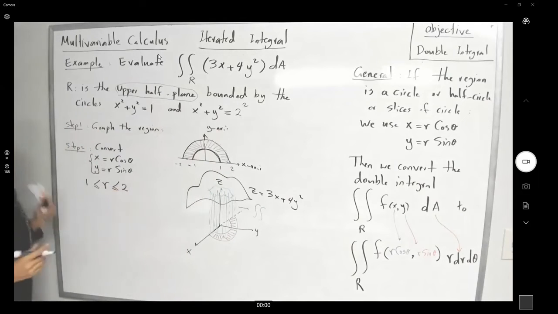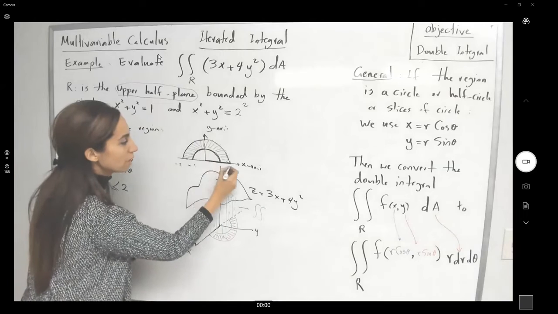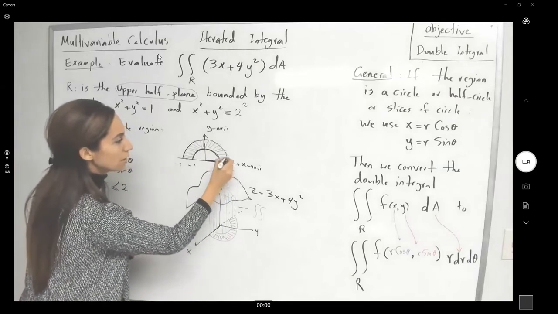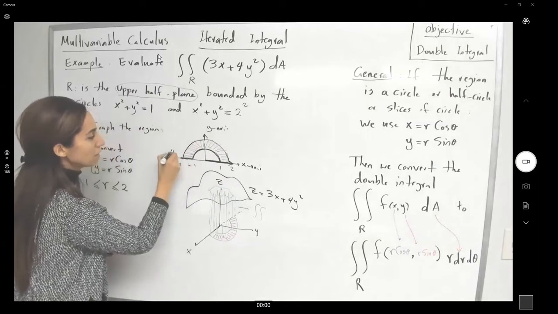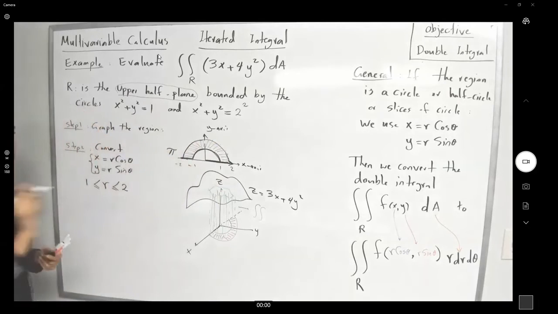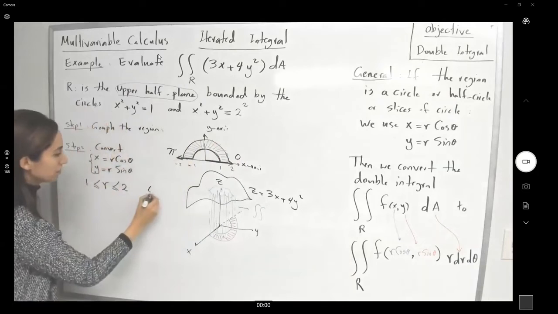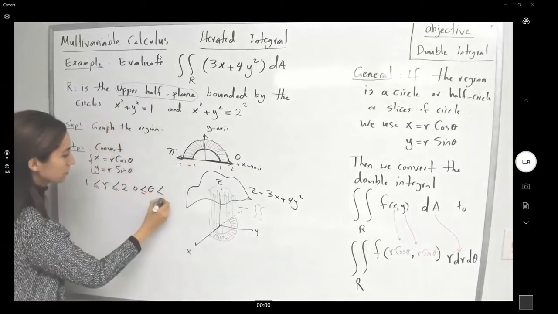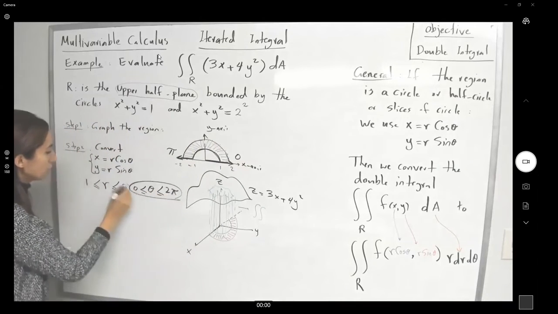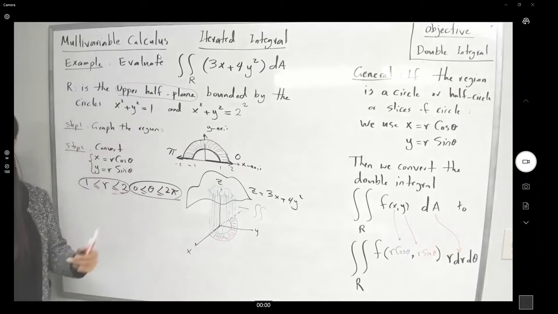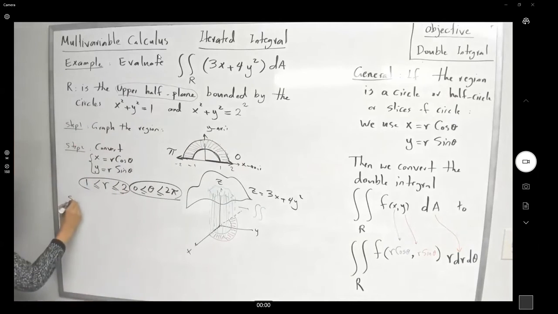This is the radius. What about theta? Theta starts from 0. It starts rotating and stops at pi. So your theta is in between 0 to pi. Very well. Do I have all information? Yes, of course. Step 3.